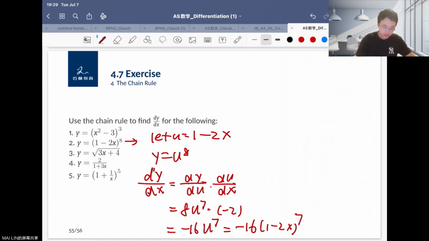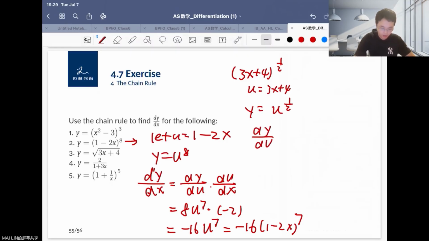And for the third problem, the square root of 3x plus 4 can be considered as (3x plus 4) to the power of a half, right?